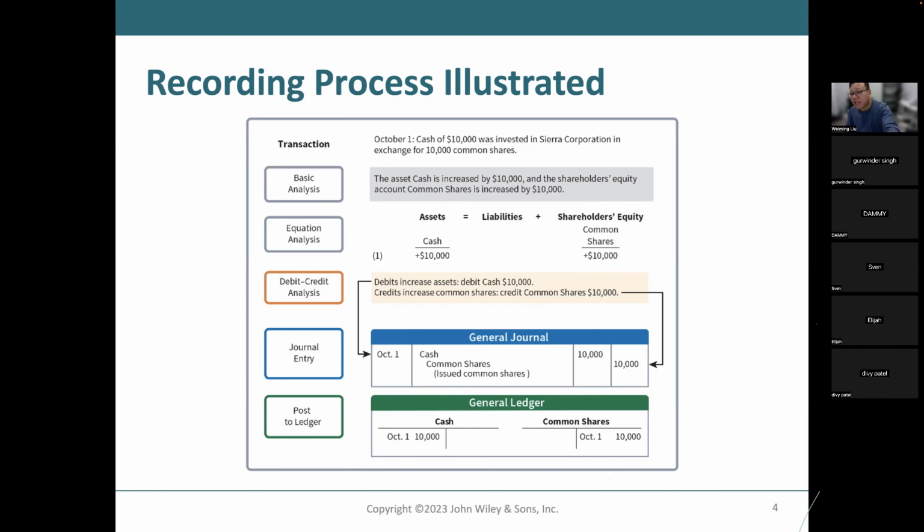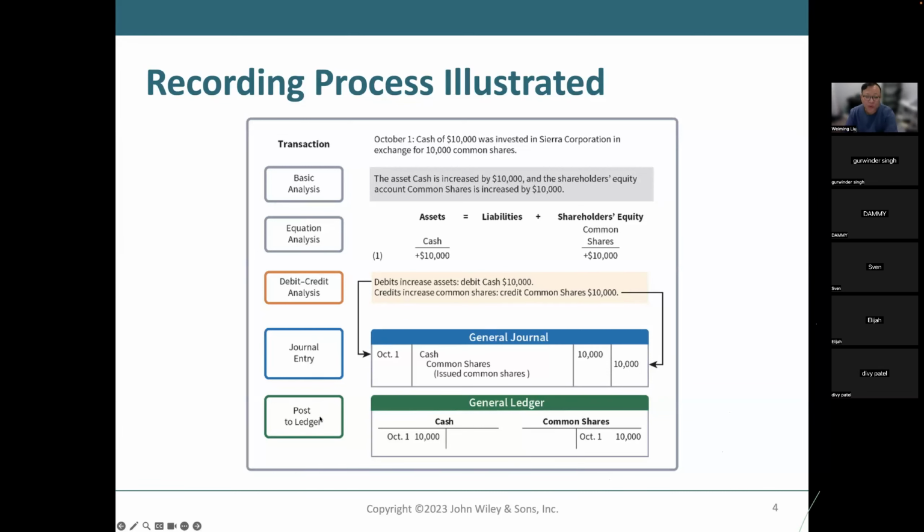And also they include an explanation, issued common shares, right? So that would be generalizing to your general journal: date, explanations, debit your account, credit your account, and that amount.